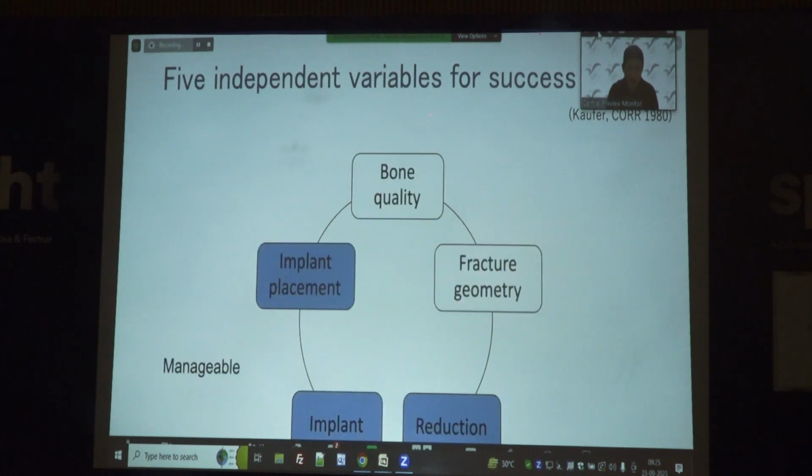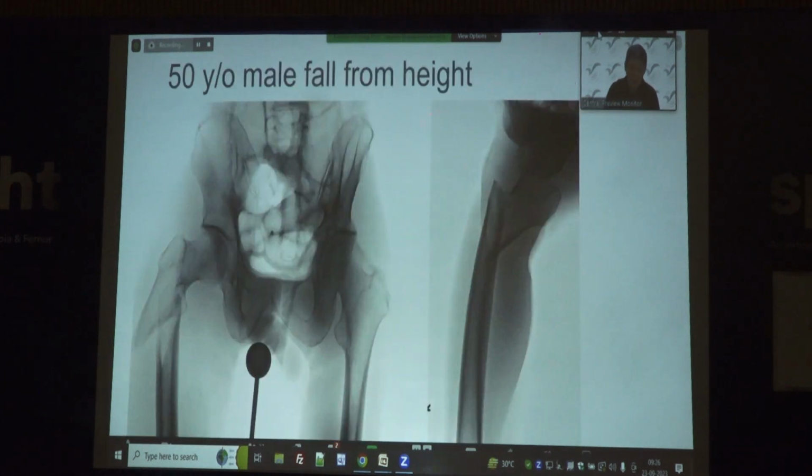But the other 3 factors, what implants you are going to use, the reduction quality, and the implant placement, are manageable by the surgeon. So you have to focus what you do onto these 3 points. Actually, if you're going to use TFNA, it's more about the reduction and your implant placement.